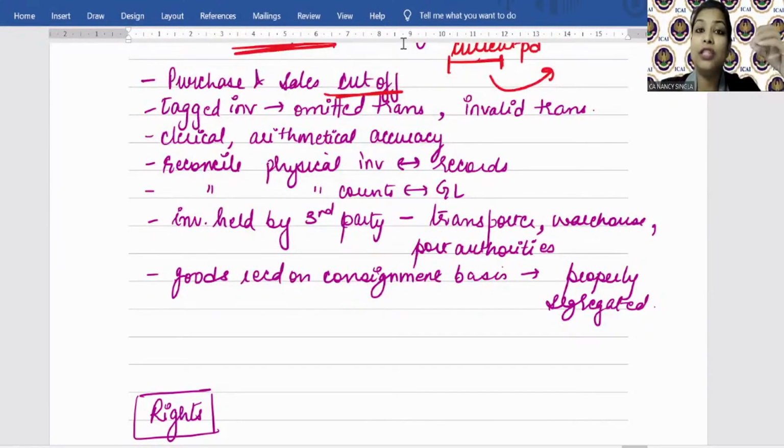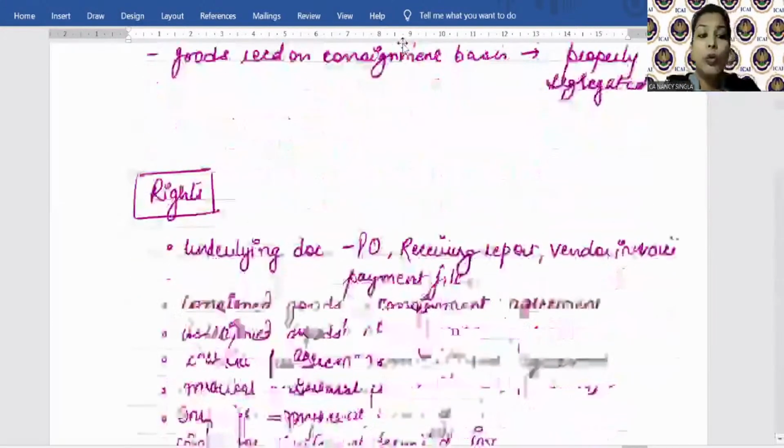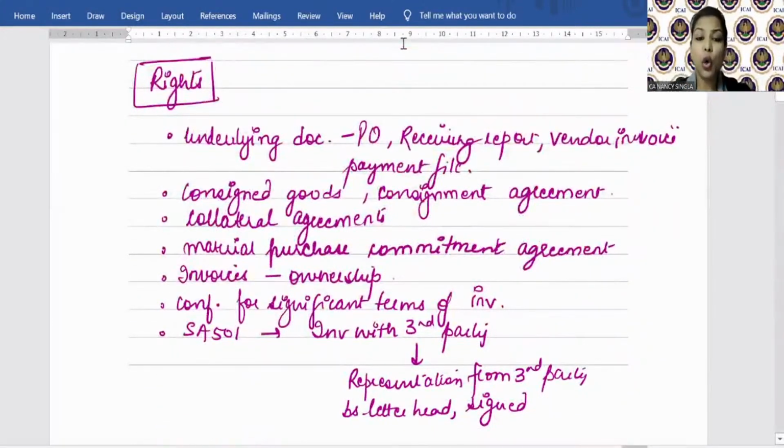But if you know how to start thinking, that it is the rights assertion, what document would come for it, you can very well write the correct answers. So yes, purchase invoice, which is absolutely correct. Purchase invoice, absolutely correct. Okay? So in order to establish the rights assertion, the auditor will consider the underlying documents.